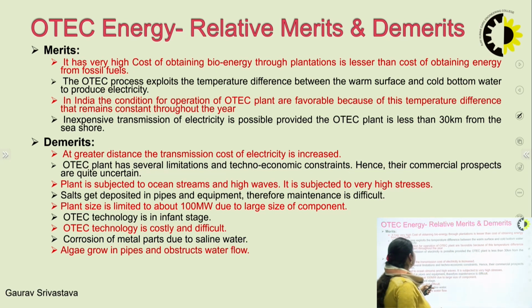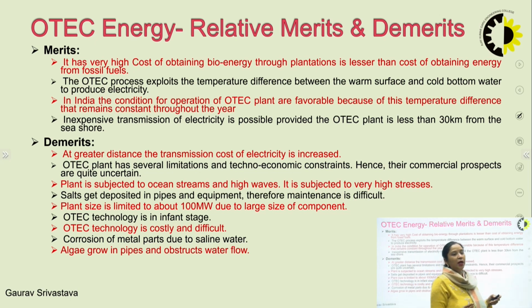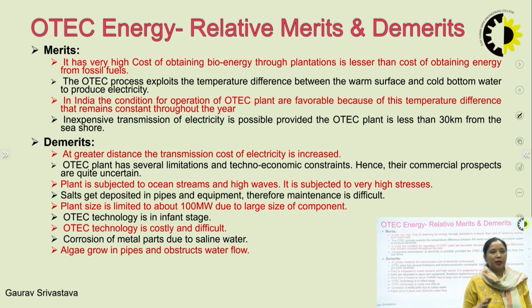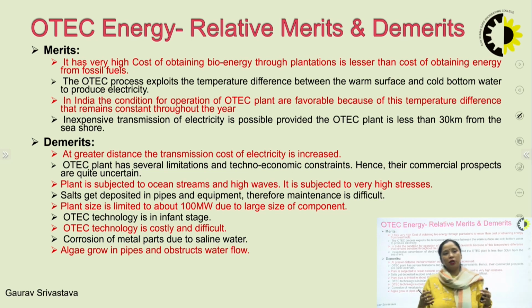The plant is subjected to ocean storms and hurricanes. Plant size is limited to only 100 megawatts. It is actually a costly technology, and the problem is algae formation also. In the ocean there is algae formation, and due to algae formation the pipe gets stuck and the circulation of water is not there.